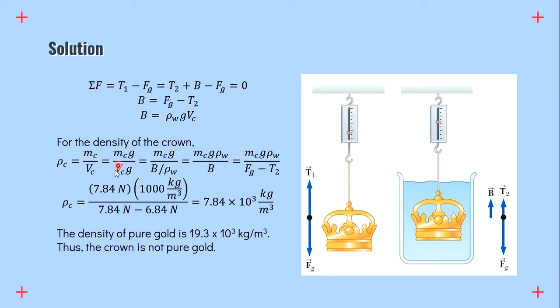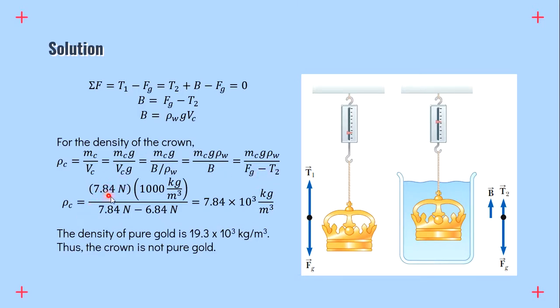So that we can replace this value with something related to buoyancy. VCG is equal to B over rho W, so MCG over B over rho W gives us MCG rho W over B. But since B is equal to Fg minus T2, the density of the crown is MCG rho W over Fg minus T2.